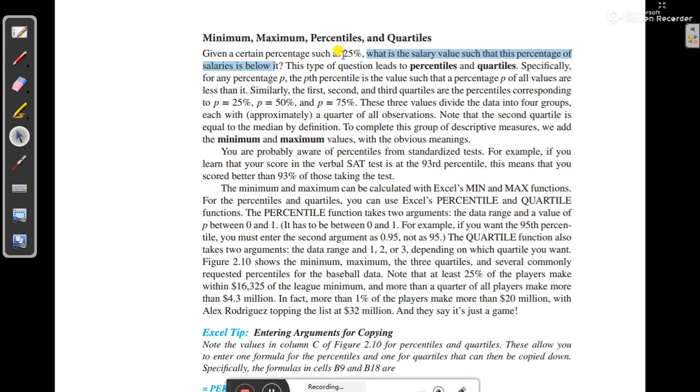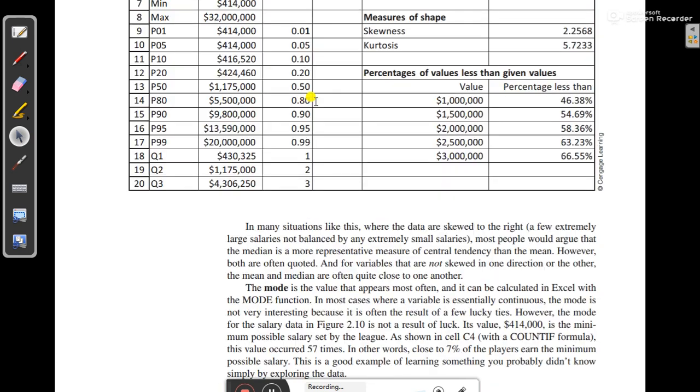So for people having salaries at the 25th percentile, that means 25 percent of people have less salary. Okay, similarly the first, second and third quartiles are the percentiles corresponding to when the percentile value is 25%, 50%, and 75%. We can check in the previous data set.